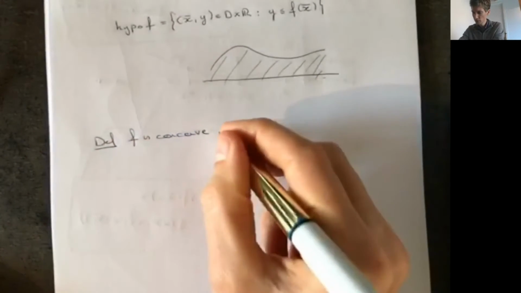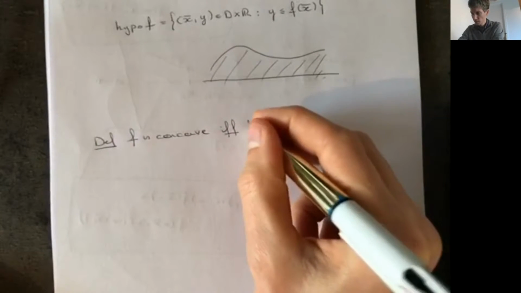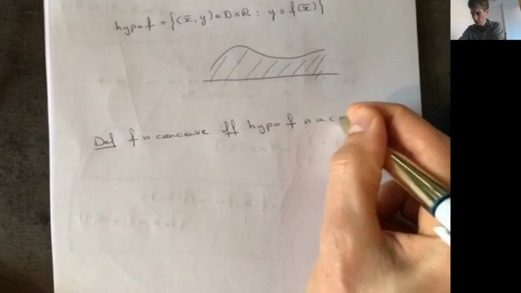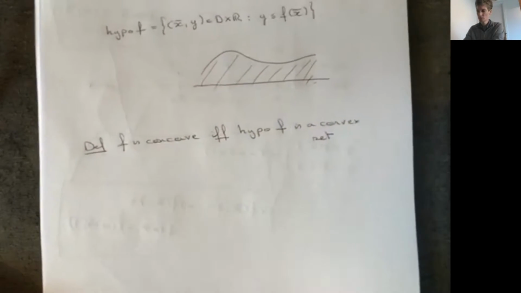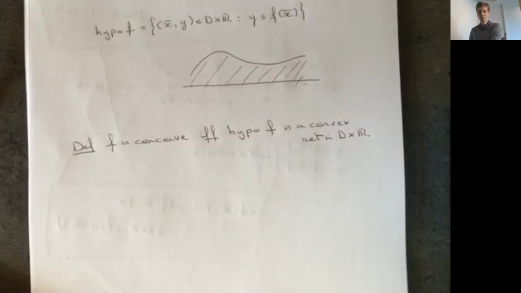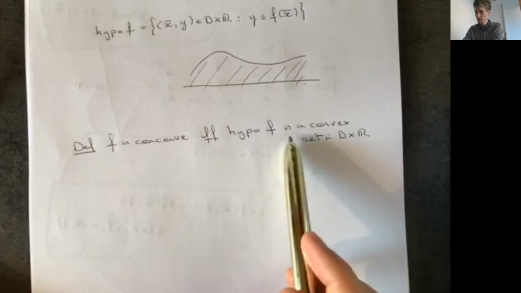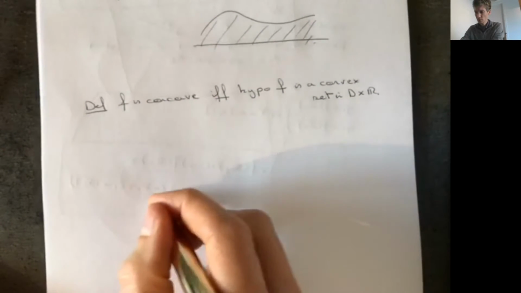F is concave if hypo f is a convex set in D times R. So again, we define concavity of a function as the property of a set being convex.